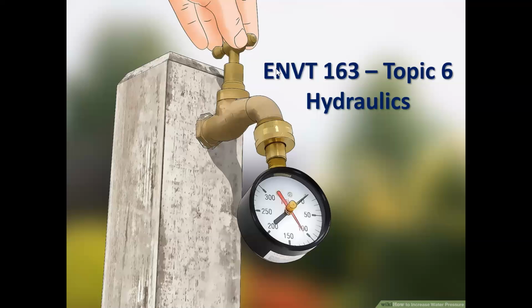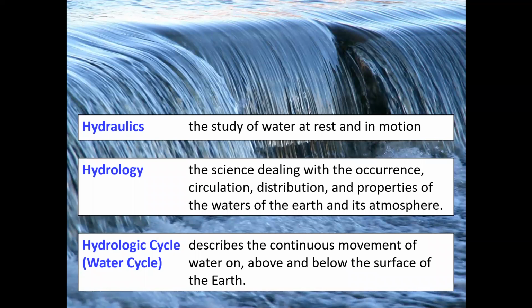So let's talk about hydraulics. Some quick definitions for you. First of all, we talked about hydrology already and the hydrologic cycle, which is the water cycle. So these things are all kind of somewhat related to hydraulics. Hydraulics is really the study of water movement, I guess at rest as well.